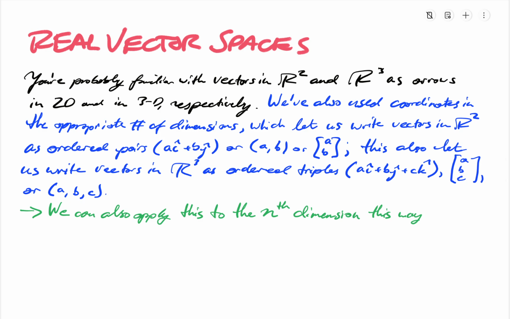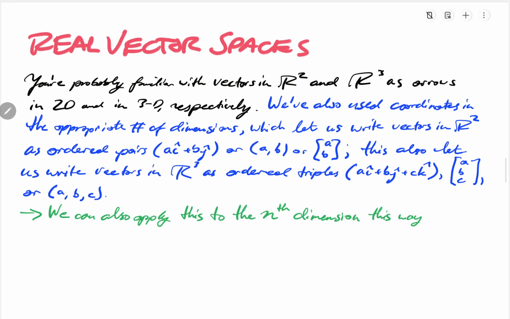So now we're learning that we can apply this knowledge of writing our vectors out like this to the nth dimension. This can keep on going for an incredible amount of numbers, because it's just a list of objects. So we can do this with infinitely many dimensions as well. That's what we're learning right now.